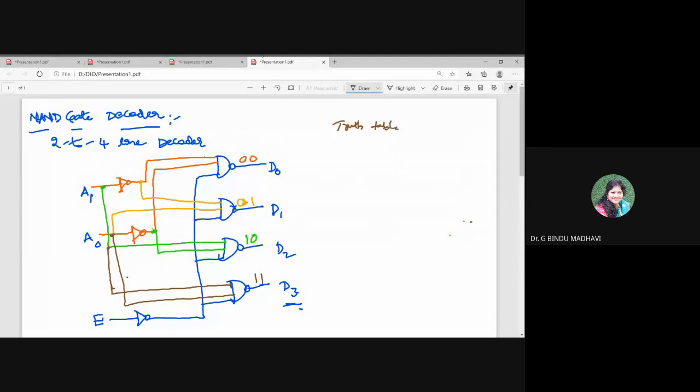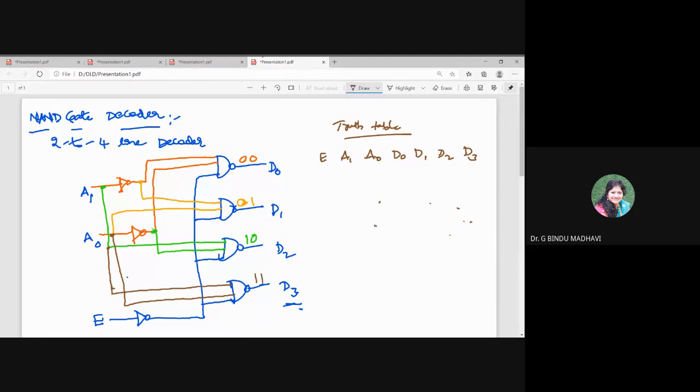The truth table consists of E, A1, A0, and the outputs D0, D1, D2 and D3.